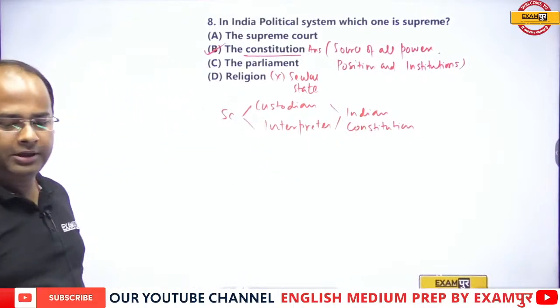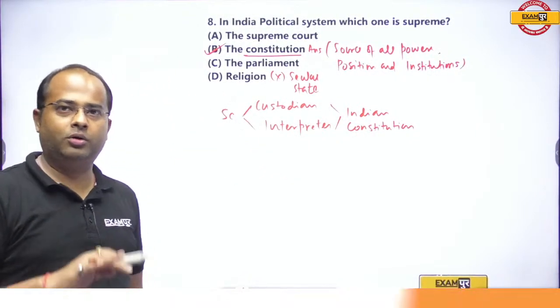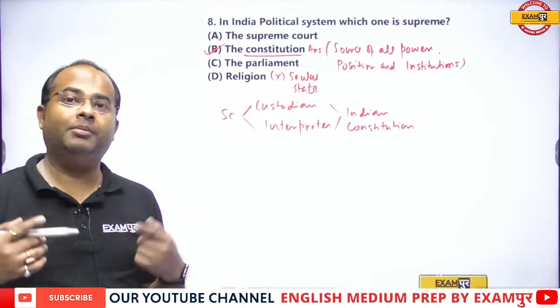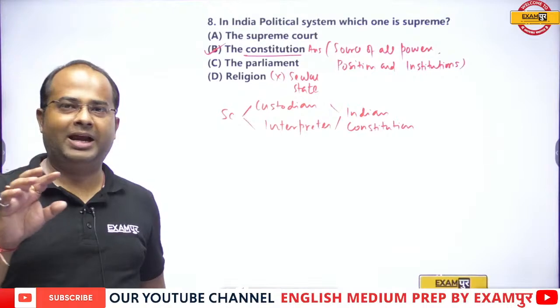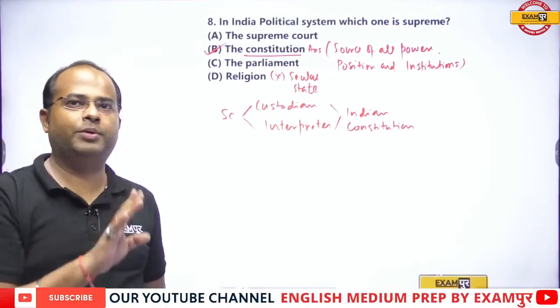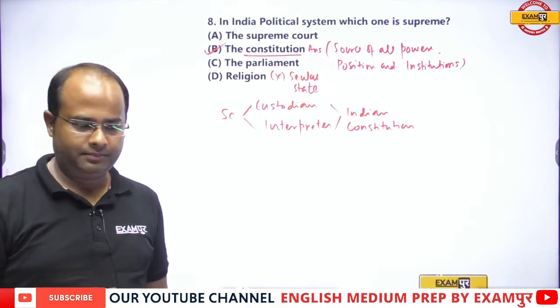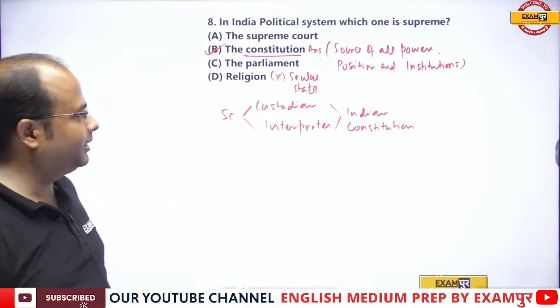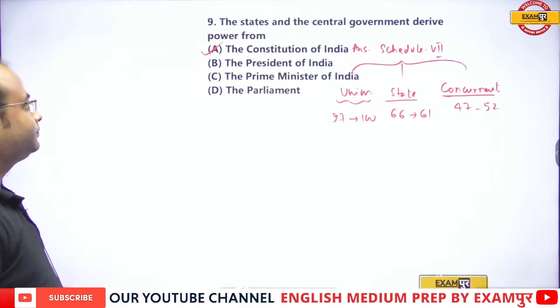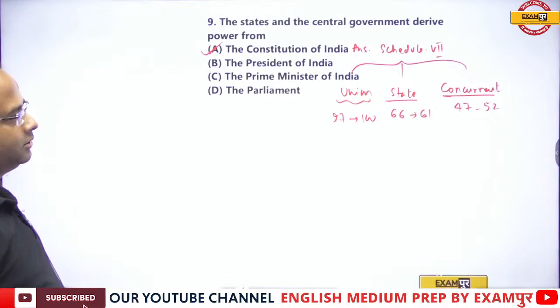Custodian means protector, and interpreter means explainer. So wherever the language of the Constitution is ambiguous, whatever interpretation is given by the Supreme Court is full and final. So that is the meaning of custodian and interpreter of the Indian Constitution. Now, so this was about the 3 lists.